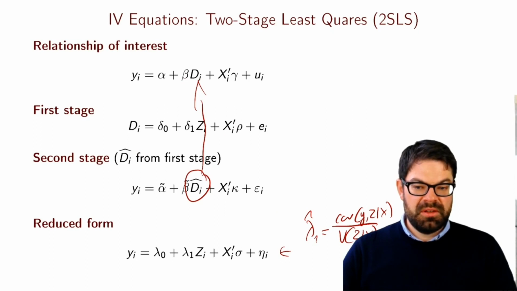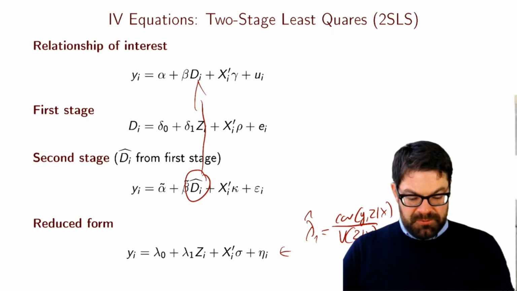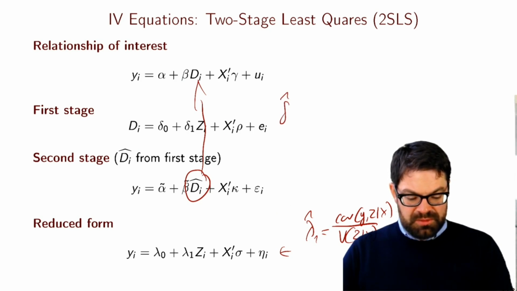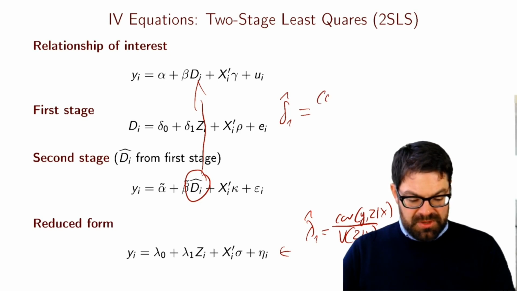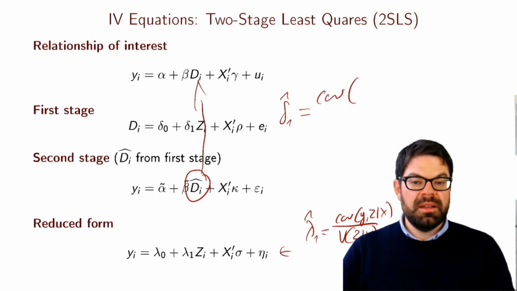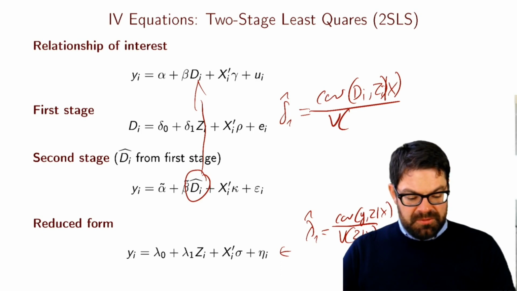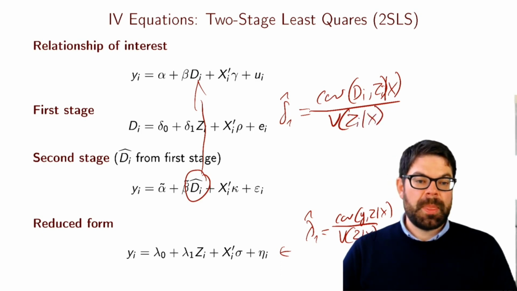That's what the reduced form is. For the first stage, the same. The estimate for delta 1 is nothing more than the covariance between the treatment and the instrument, in that case also conditional on X, divided by the variance of the instrument conditional on X.